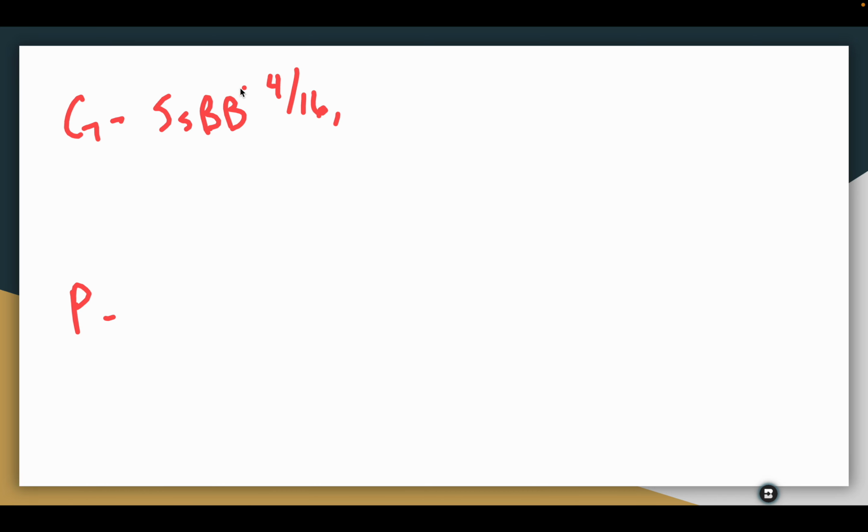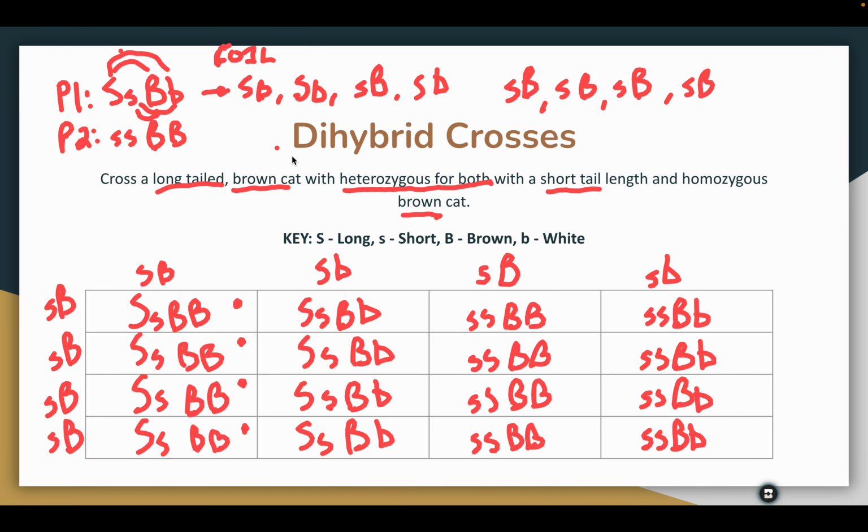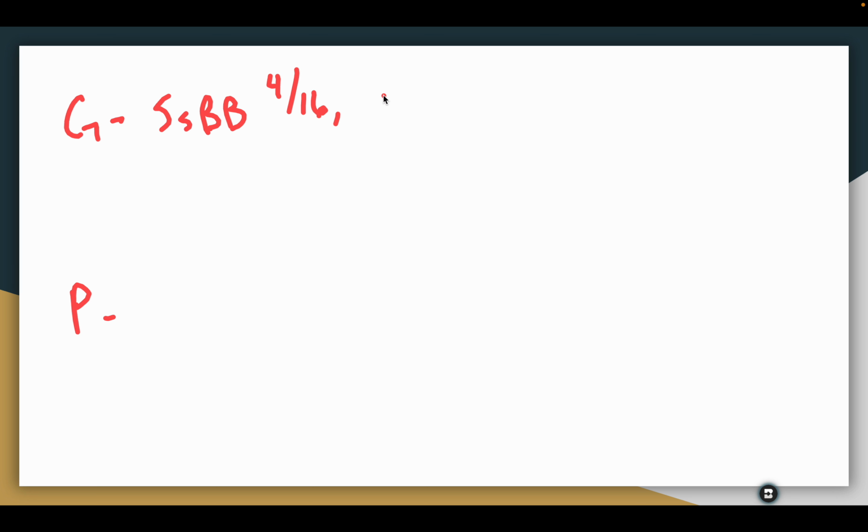But 4 out of 16 look exactly like this in terms of their genotype. Then over here, I'm going to put an open square, indicating that all of these are the same. So there's one. Now, I'm just going to make sure, heterozygous for both. Yep. Another 4 out of 16 are heterozygous for both.